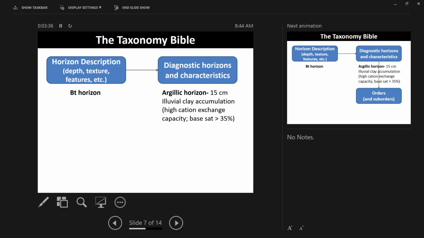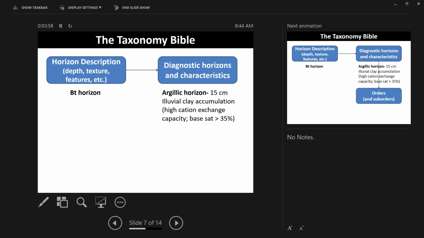You also have to have high cation exchange capacity, and that just means how many sites can you exchange cations, and then you have to have a high base saturation. Base saturation has to do with calcium, magnesium, potassium, sodium, and other ions that are attached to those clays.